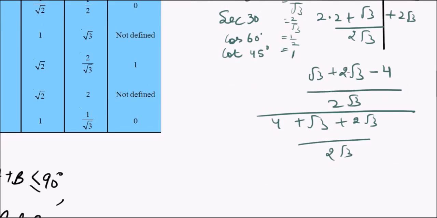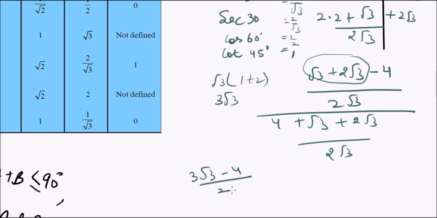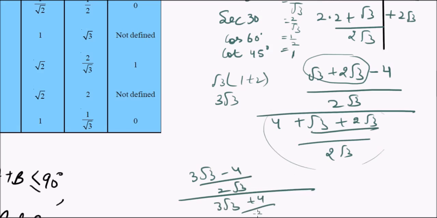So these two have the same radicals, root 3 and root 3. We can take root 3 common and are left with 1 plus 2, that is, the answer is 3 root 3. So the numerator becomes 3 root 3 minus 4 over 2 by root 3, and the denominator part becomes 3 root 3 plus 4 over 2 root 3.